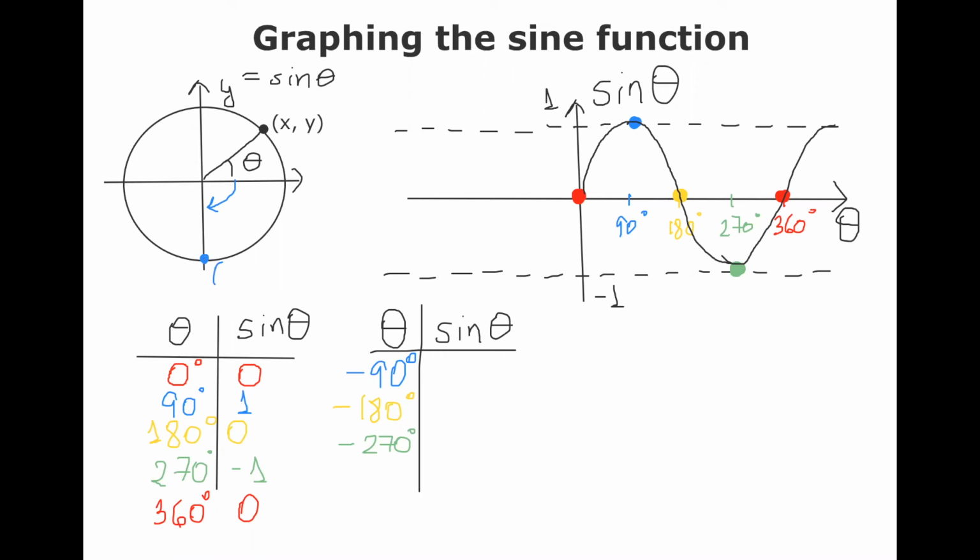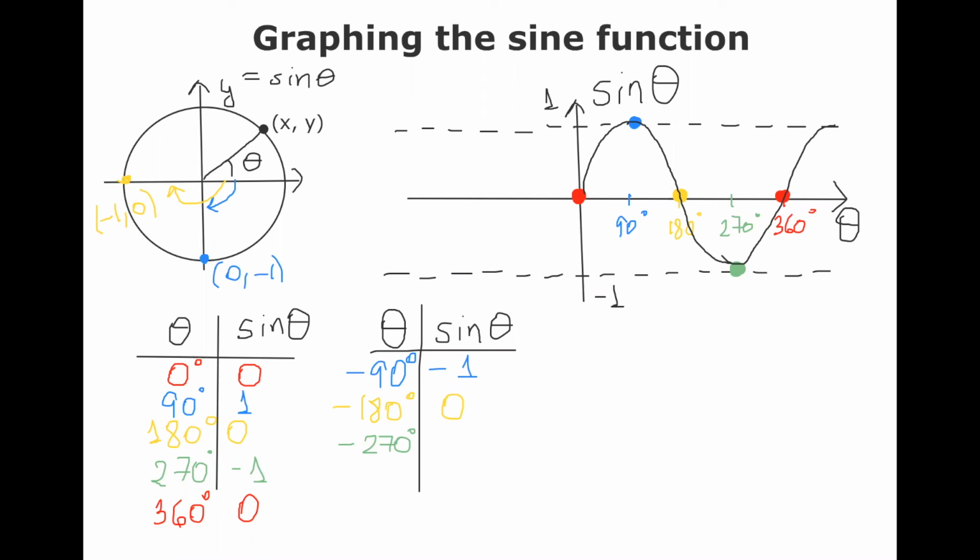And this point has coordinates 0, -1, which means that at -90, we have -1 as our sine value. What if we had -180 degrees? Well, we're going to go backwards over here, -180 degrees. This is going to be the point -1, 0, so our sine is going to be 0.